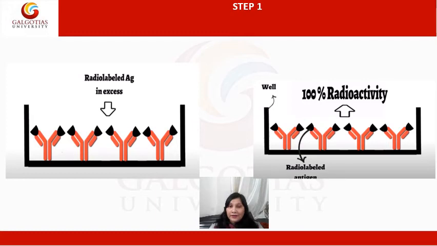Again saying, we have added excess radio labeled antigen, and this excess antigen has the probability to bind with all antibodies present in the microtiter plate. Then after washing, we will have 100% coated antibodies. Coated with what? Coated with radio labeled antigen. Now this microtiter plate will have 100% radioactivity. This is the first step of RIA.